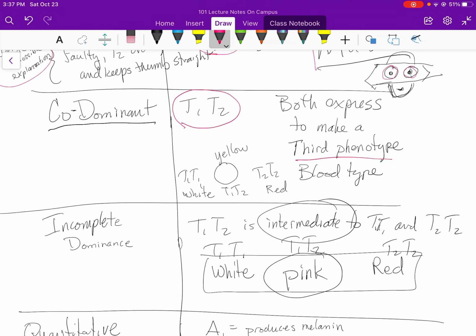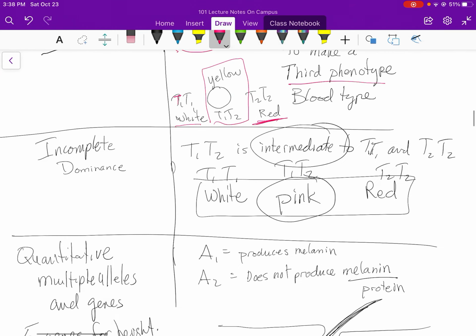So what that means is you might have a white phenotype for T1, T1, and a red phenotype for T2, T2. Say this is flower color. And then you would make a sort of off-the-wall third type, which would be the yellow color, which has nothing to do with the other two. Blood type is like this because you're type A or B, or you're type AB, which is a third type. It's not really A or B. It's not even intermediate to them because it's both.